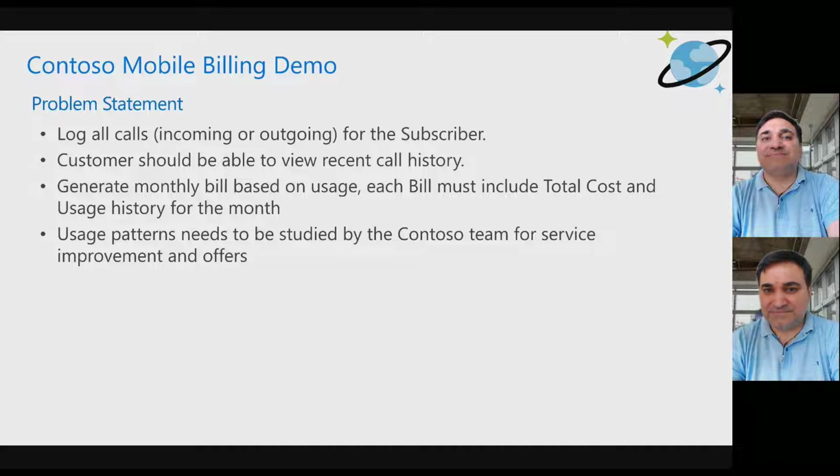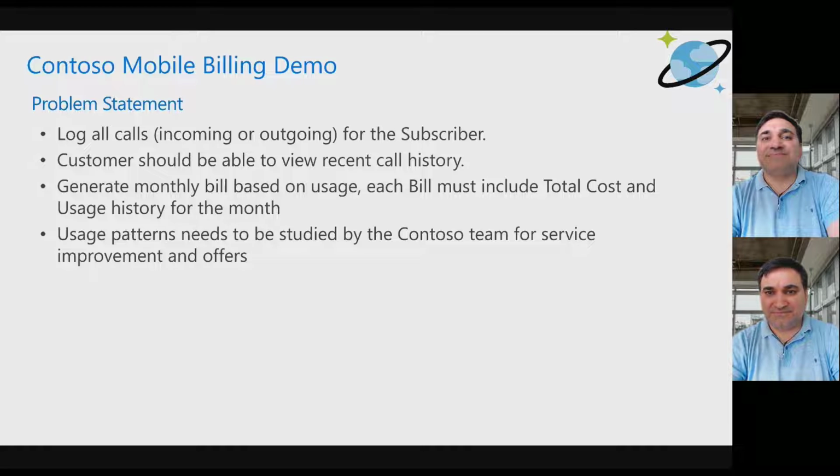Then the subscriber should be able to view the recent call history using their calling application. And then there has to be a monthly bill that gets generated for all the calls that get originated from the mobile network. And last but not least, the Contoso team should be able to look at all the call history and do some analysis for business improvements and offers.